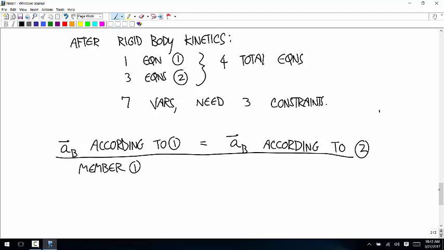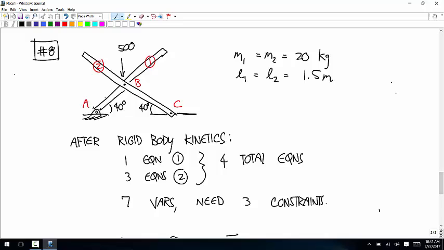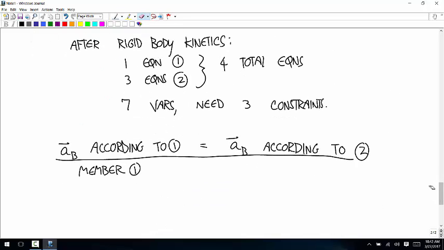Remember 1, there's no relative motion because it has a fixed point at A, so the acceleration of B is just equal to alpha 1 cross r vector 2B from A plus omega 1 cross quantity omega 1 cross r 2B from A.